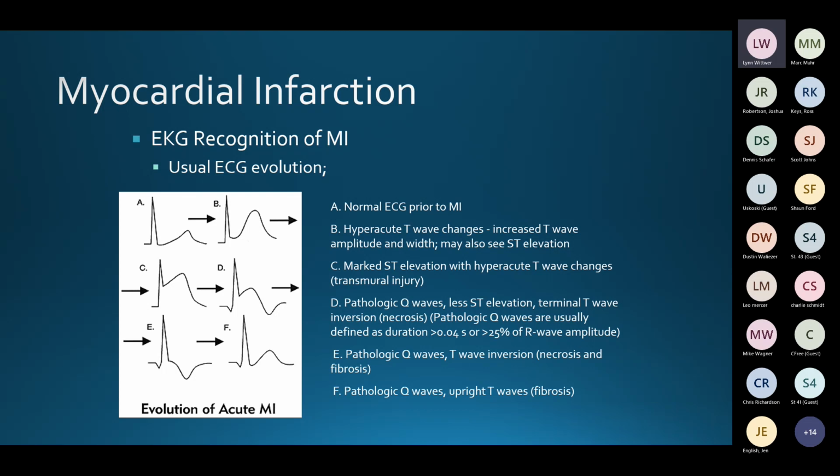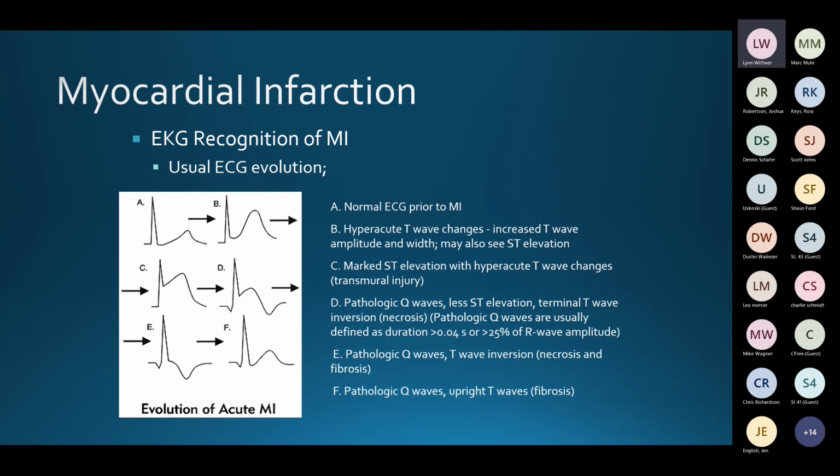And now then roughly after 2 weeks, you end up with essentially back to normal baseline for the ST segment and the QRS, but you'll have this permanent big Q wave.